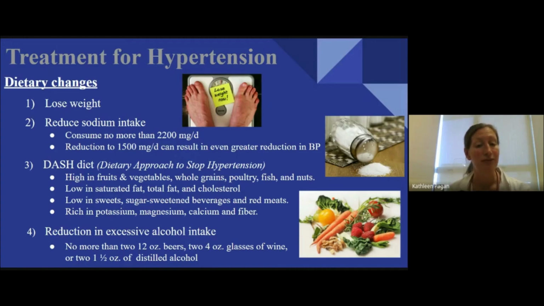A diet that's low in fat and also added sugars, sweets, red meats, all those components are supportive of managing your blood pressure. And then again, not surprisingly, reducing excessive alcohol intake to something that's more of a moderate intake. So we're talking about no more than 2 servings of alcohol for men, 1 for women.